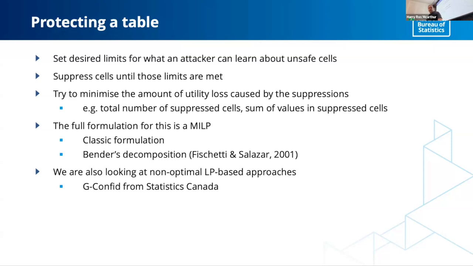There is a full formulation for this, which is a mixed integer linear programming problem. The classic formulation of which is really pretty and really easy to understand, and also one of the most inefficient things I've ever seen. And so obviously when you have a horribly inefficient model, you look at ways to turn it into something that's actually a bit more viable. And so Shetty and Salazar in 2001 have this Spanners decomposition approach, which at least one person has called really cool.